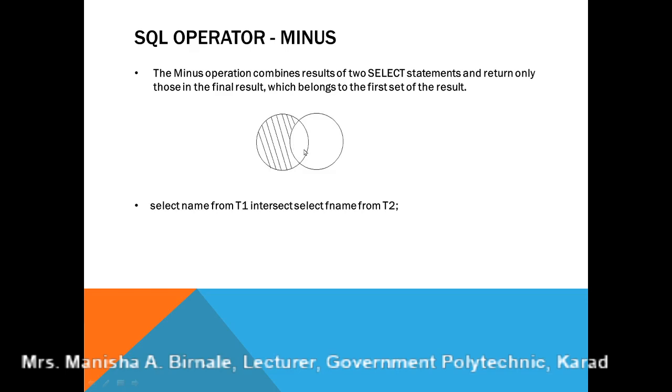Select a name from T1 intersect. Sorry, here we have to write minus instead of intersect. Select a name from T1 minus select app name from T2.